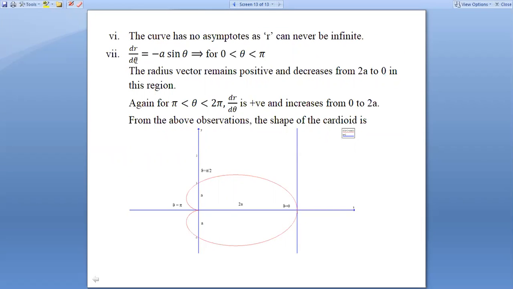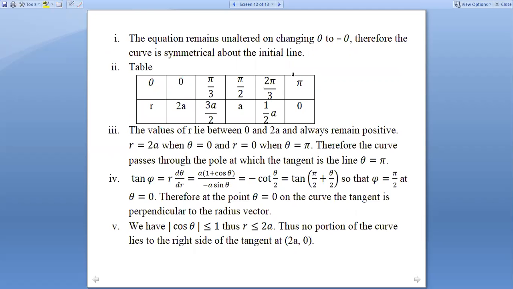Now when you find dr by d theta, you have minus a sin theta. For 0 less than theta less than pi, the radius vector remains positive and decreases from 2a to 0 in this region. When you look at the table here, between 0 and pi, you can see it decreases from 2a to 0.